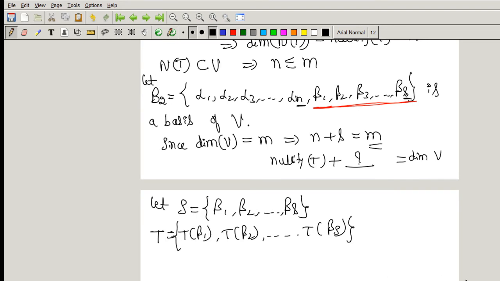Clearly, these are elements in R of T. These are elements in the domain space, and their images are elements in the range space of T.